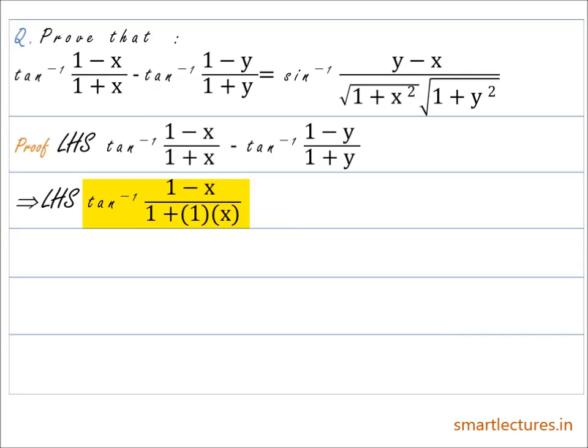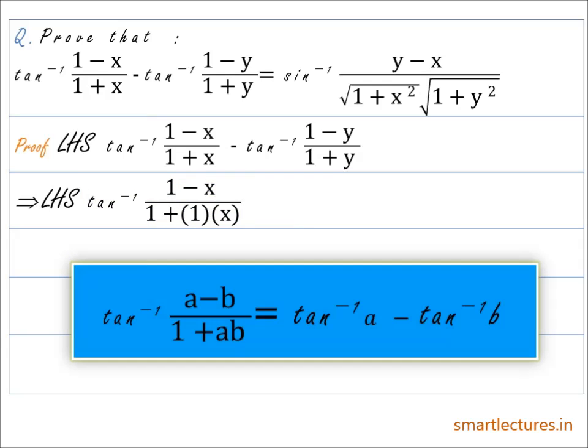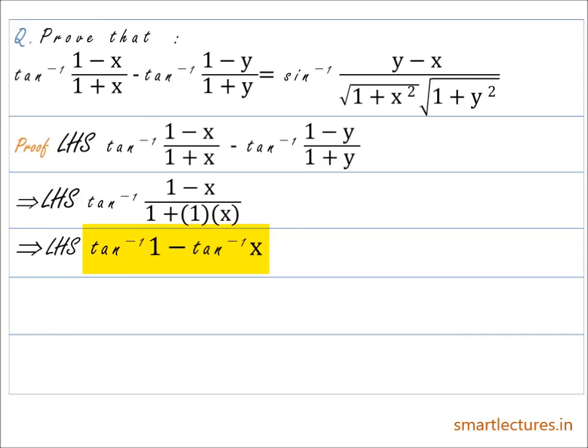And from the properties of inverse trigonometric function, which you have learned in the previous episodes, you know it very well that tan inverse a minus b upon 1 plus a into b is equal to tan inverse a minus tan inverse b. So that means tan inverse 1 minus x upon 1 plus 1 into x can be also written as tan inverse 1 minus tan inverse x.